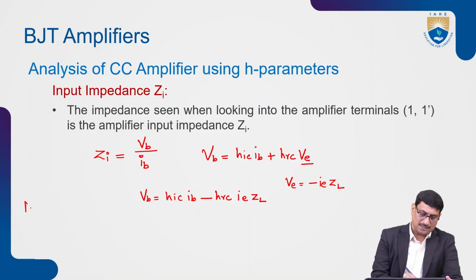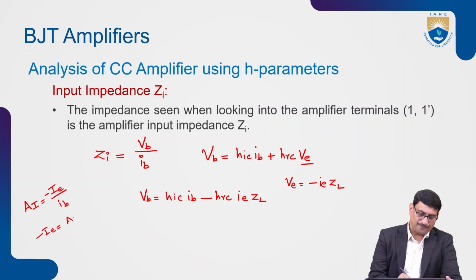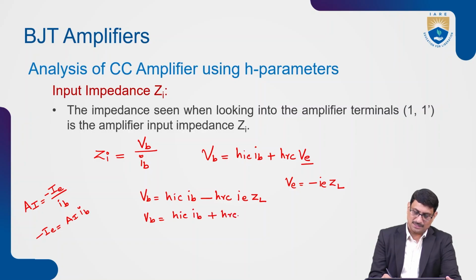Already we calculated the current gain expression, where AI is equal to the output current divided by the input current, minus IE divided by IB. From this, minus IE I can write as AI into IB. So wherever minus IE is there, I will replace it in terms of IB and the current gain, by the expression HRC into AI into IB into ZL. Now I will take IB common here.